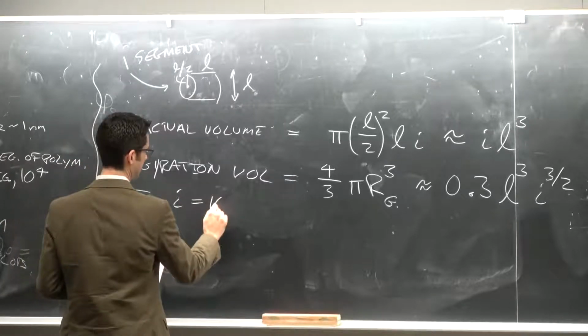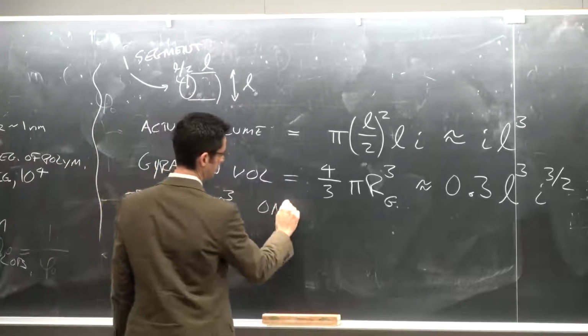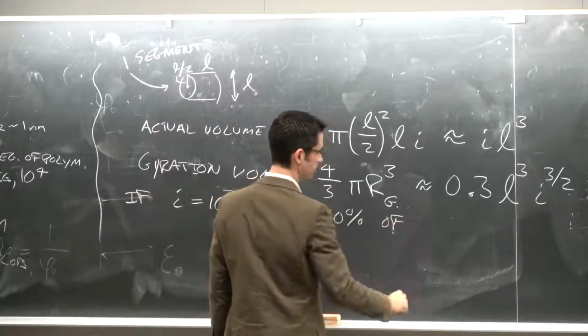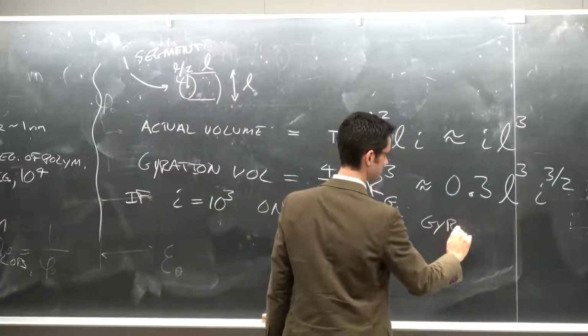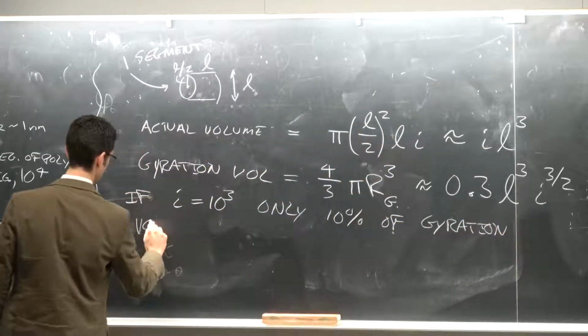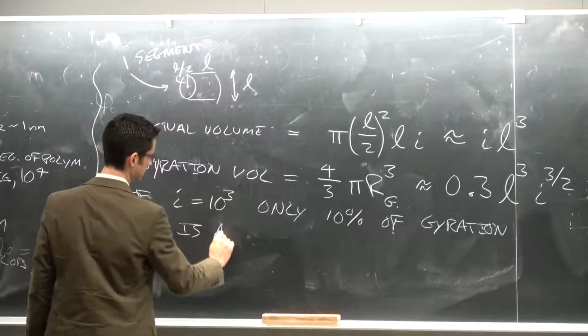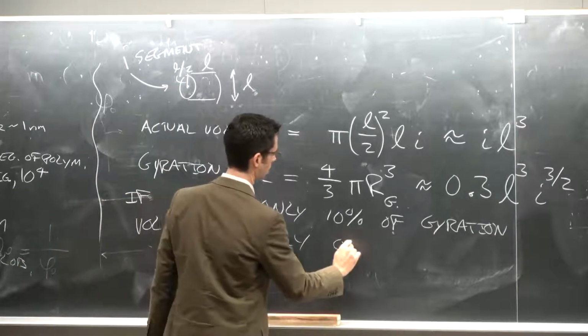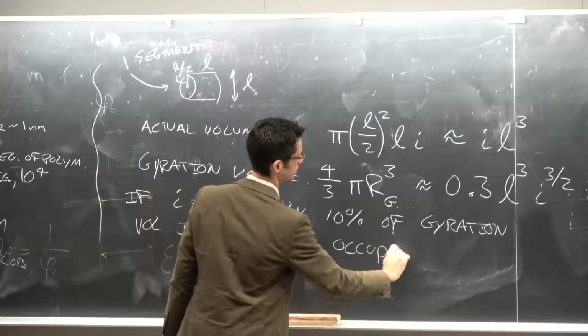So if I equals 10 to the 3, only 10% of the gyration volume is actually occupied.